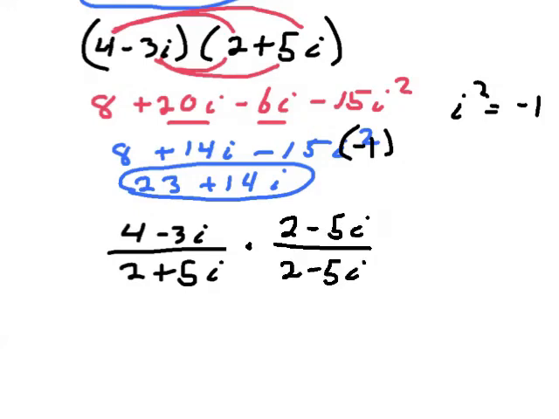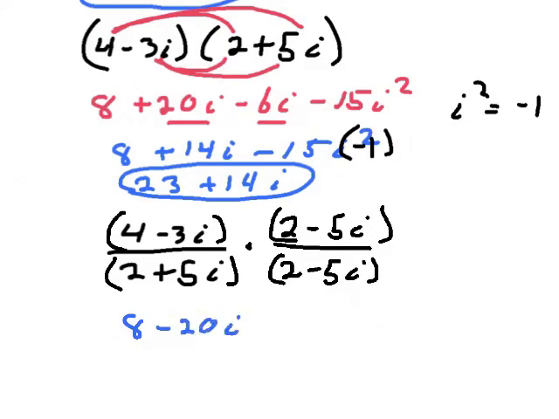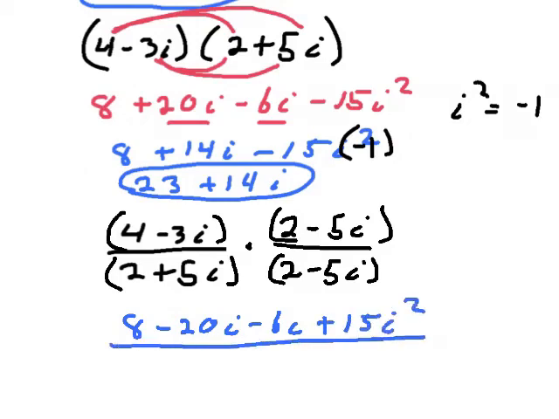Alright, in doing that, now I'm going to distribute my numerator and my denominator. And in doing so, I have 8 minus 20i minus 6i plus 15i to the second. On the bottom, I get 4, then I have a minus 10i, then I get a plus 10i.